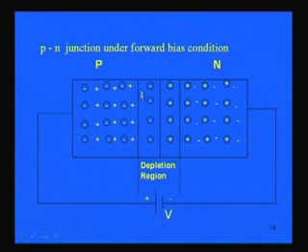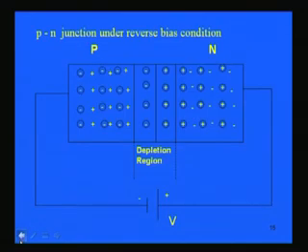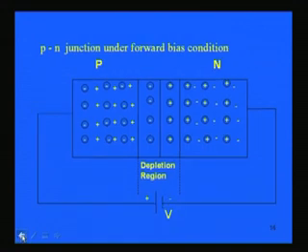Similarly, these electrons will neutralize the positively charged donor atoms. That means we will have a smaller depletion region, because the depletion region contains only immobile, uncovered charges. As the holes move to the right, the depletion region gets reduced.